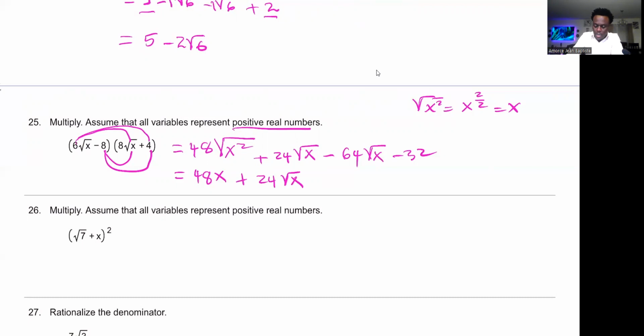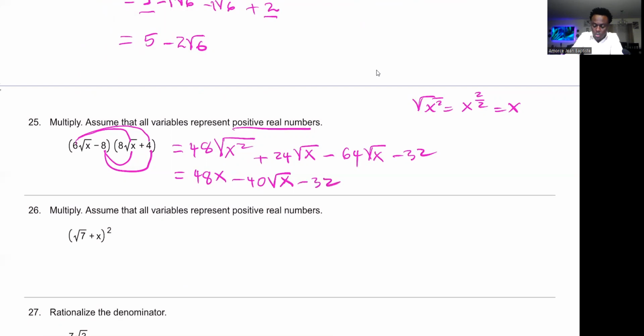Can we combine them, right? We can. 24 minus 64 is negative 40 square root of x. And then we have negative 32.